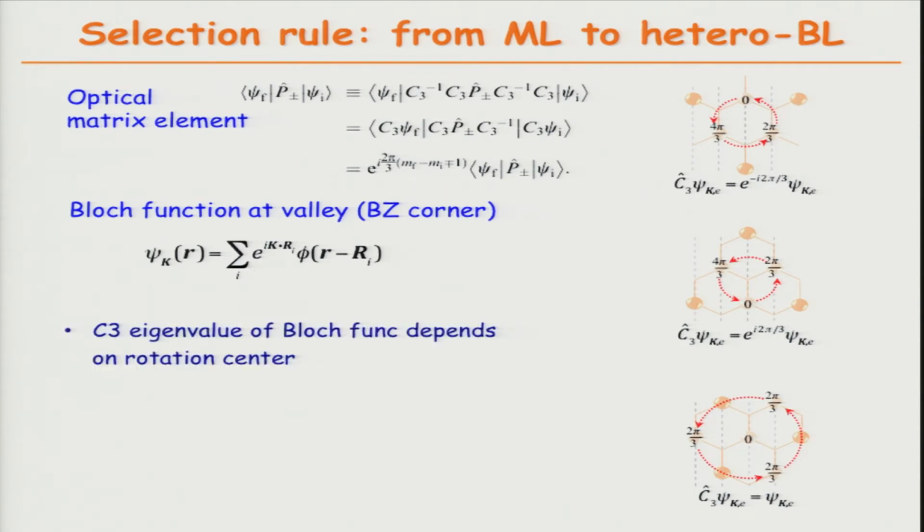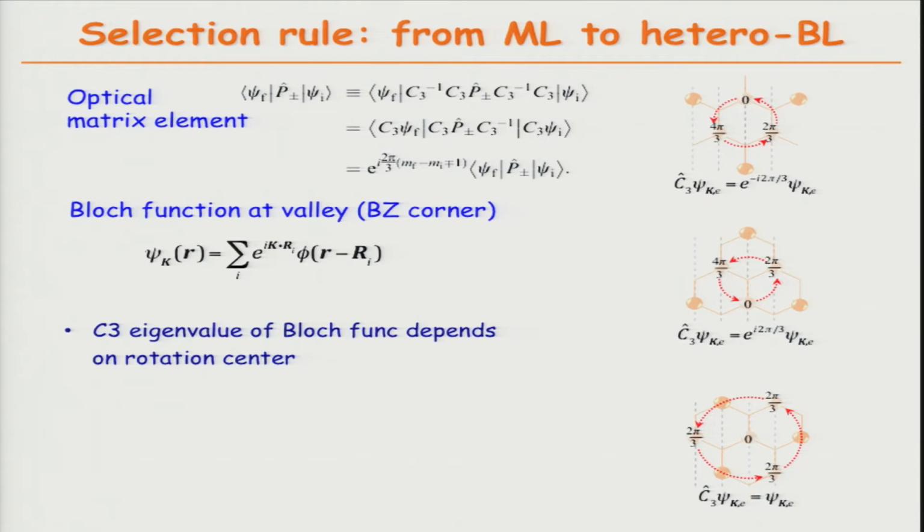So this phase factor, if you project it onto the lattice site, you can clearly see that the factor it contributes on the rotation would be determined by the choice of rotation center. So this is the same lattice with the same projection of phase factors. But if the rotation center is here, then the transformation is like an angular momentum state of L equal to 1.